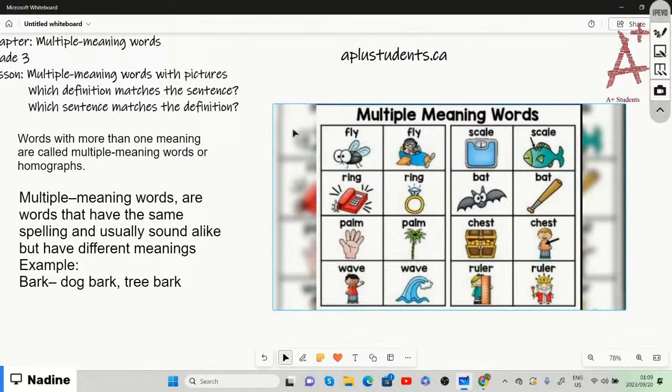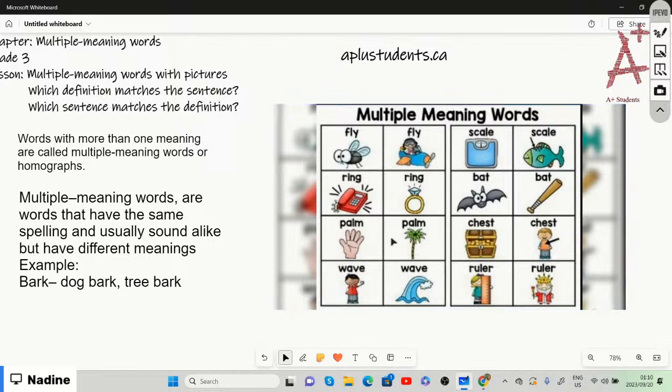So this is a small little irritating insect. So that is a fly. And then the other word fly is where you are flying in an airplane, or in a helicopter, or you can also fly in a glider. So that is fly. You are in the sky and you are flying.